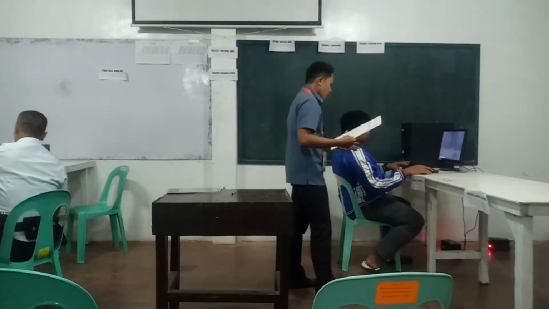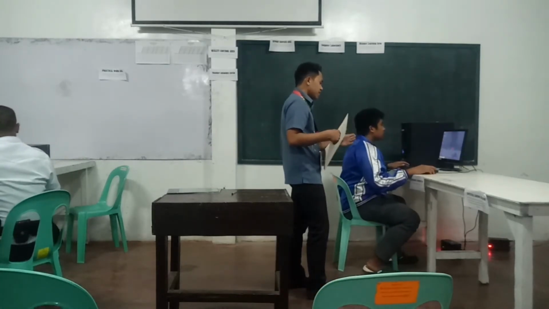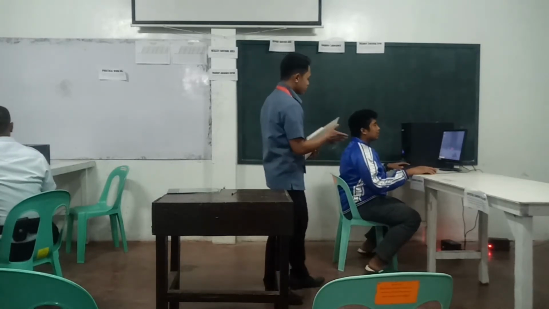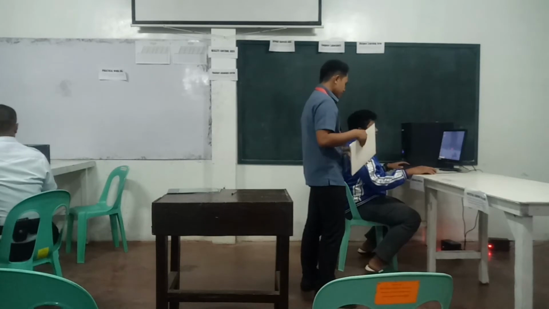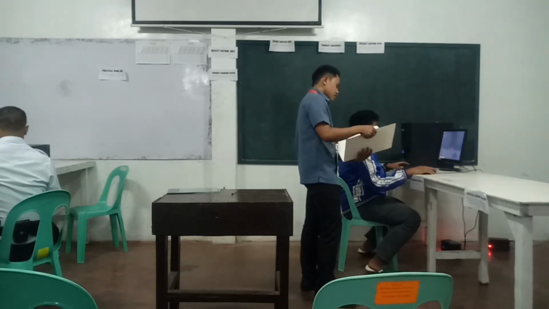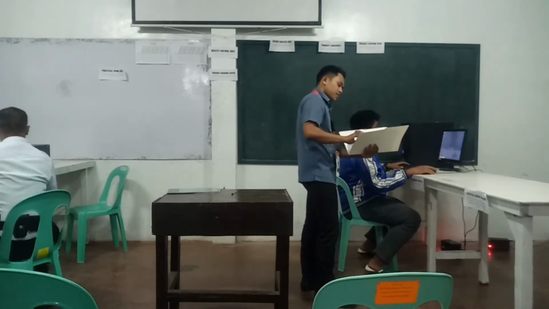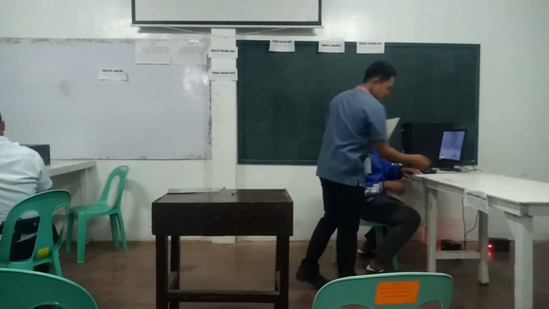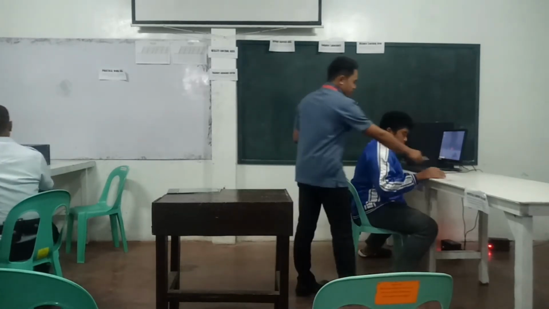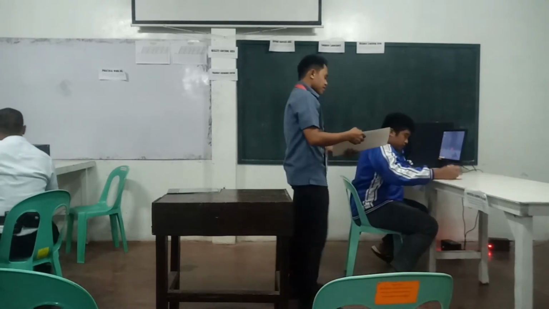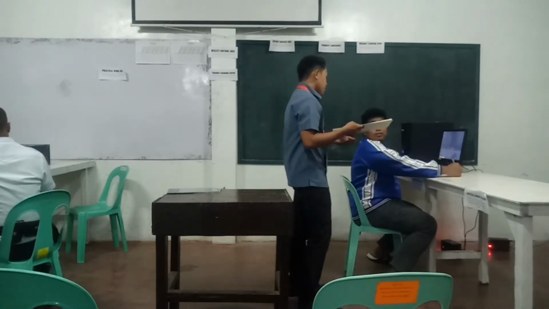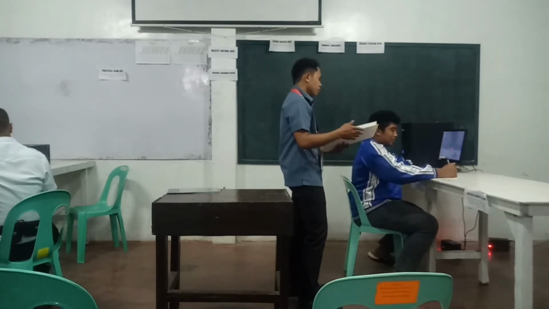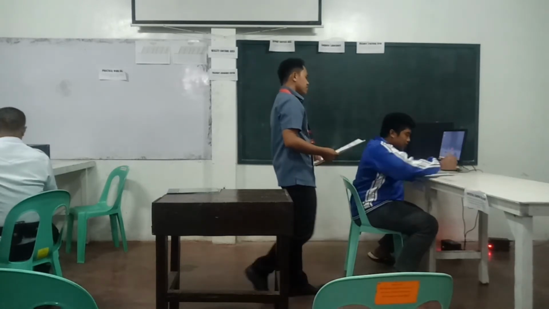Our institutional assessment area is composed of three: written examination, demonstration, and oral questioning. So first, take your written examination. That is just 40 items multiple choice. I give you 40 minutes to answer.